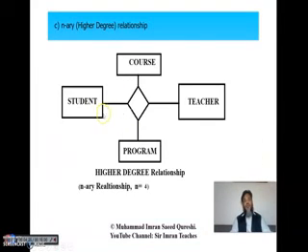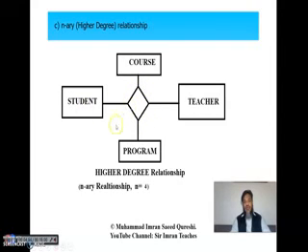Here we have 4 entity classes taking part in the single relationship simultaneously. Student is studying a course from a teacher in a special program. For example, BSSE, BSIT, BS Software Engineering. So in fact, I am getting the information about 4 entity classes at the same time, simultaneously.